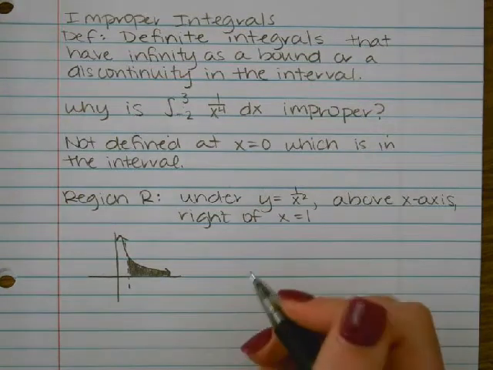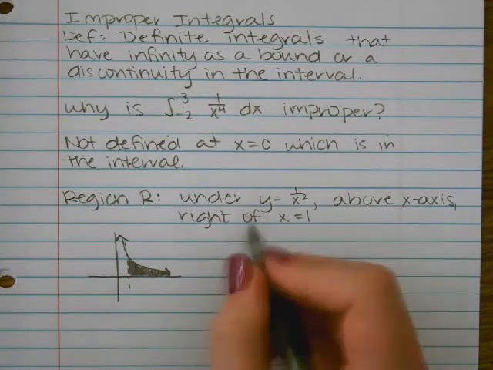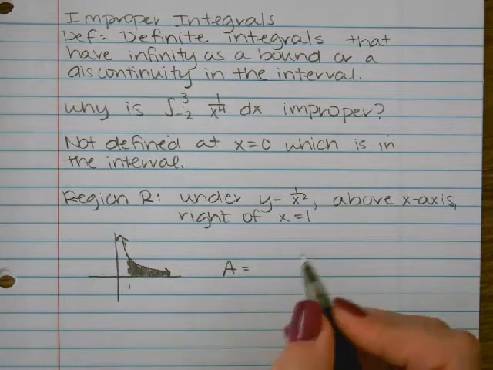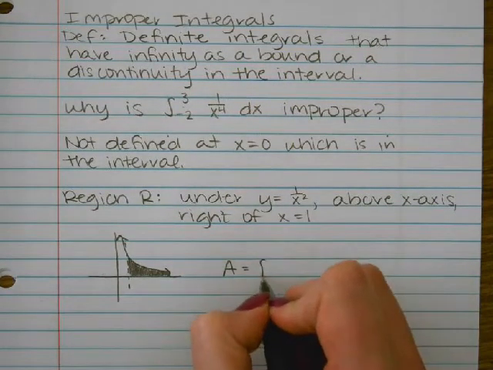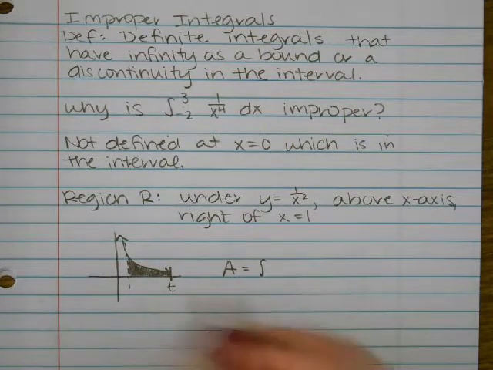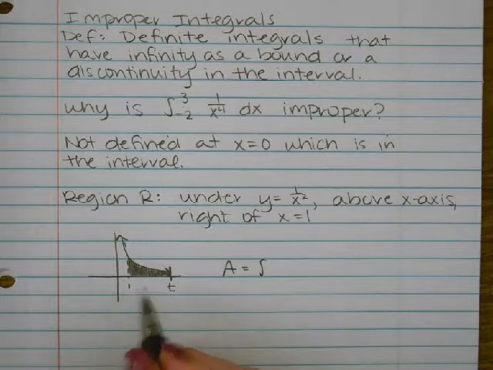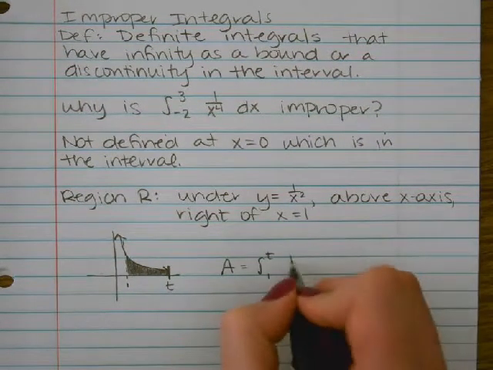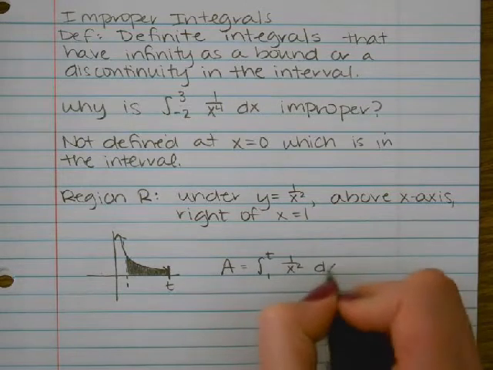So if I want to know what the area underneath this curve is, I would have to cut it off so that I'm able to evaluate it. I'm going to say that the area underneath the curve is from 1 to t of 1 over x squared dx.